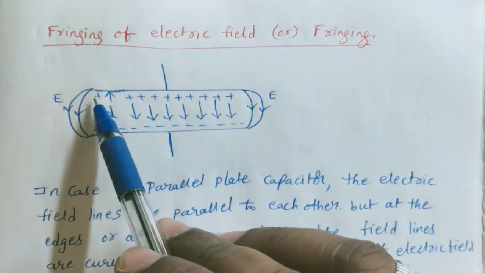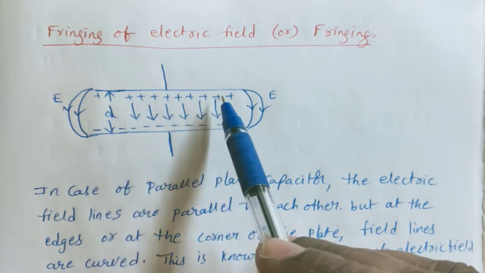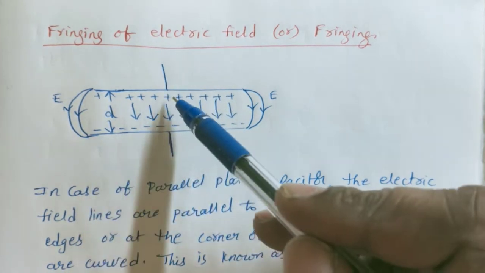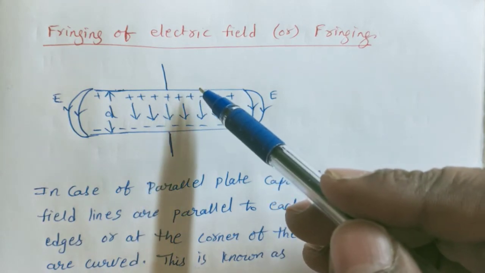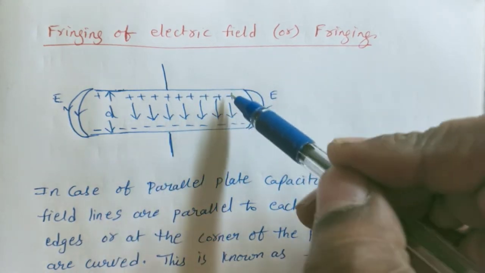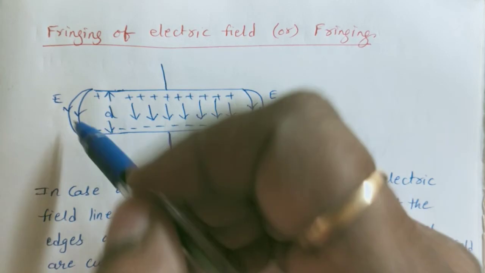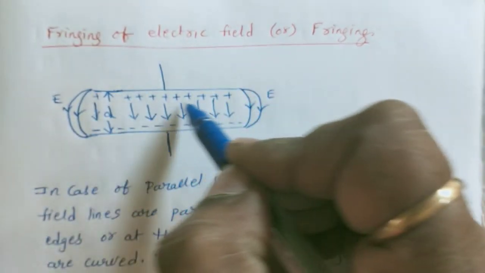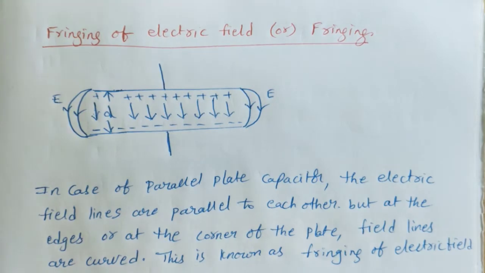One plate is given plus charge and the other is given minus charge. So an electric field is developed between these two plates, and all these electric field lines are parallel to each other. This is what we observe in between the charged plates.